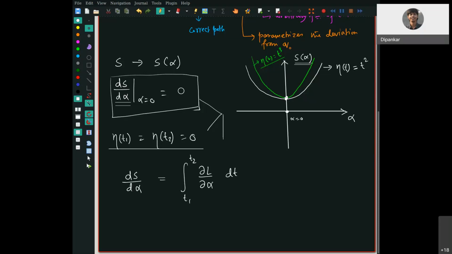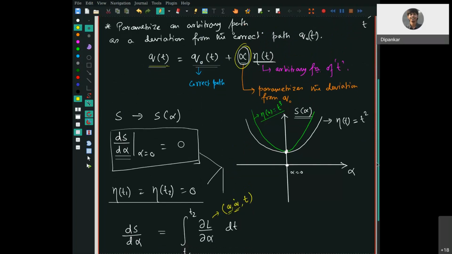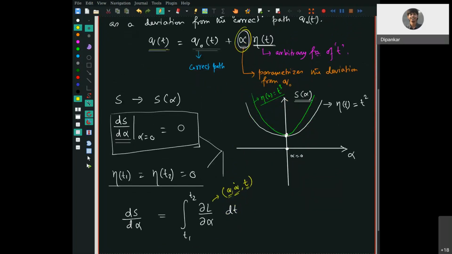Remember, S was the integral of L dt. Now this L depended on q, q dot and t. Now this q and q dot have implicit dependence on alpha, the way I have parameterized. But t is an explicit variable, so I do not want to differentiate with respect to t, because on the left hand side, when I take the differentiation, the integration over t has already been carried out.